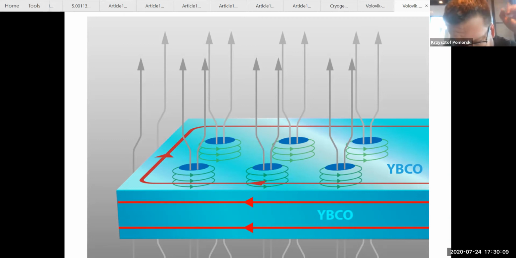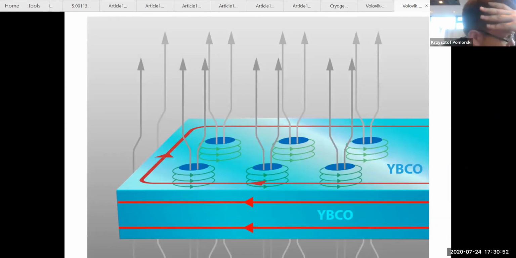Two vortices with the same helicity, the same direction of magnetic field, repel each other. If they have opposite helicity, there is a closed loop of magnetic field, and they will try to attract and basically annihilate. So you have analogies of creation of particles and antiparticles in your system, and that's quite a nice feature.